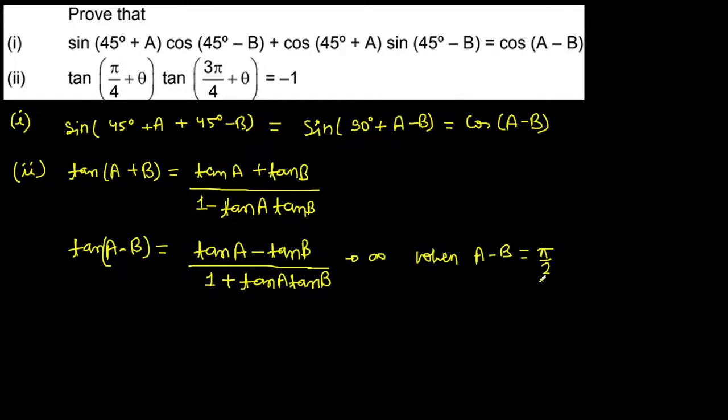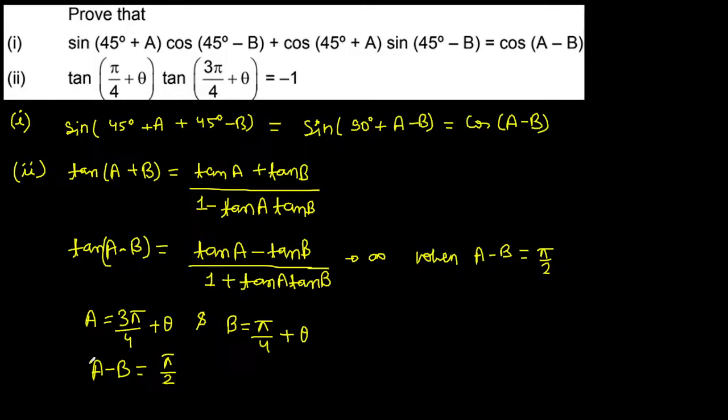So we check this: consider A equal to 3 pi by 4 plus theta and B equal to pi by 4 plus theta. So A minus B is pi by 2.